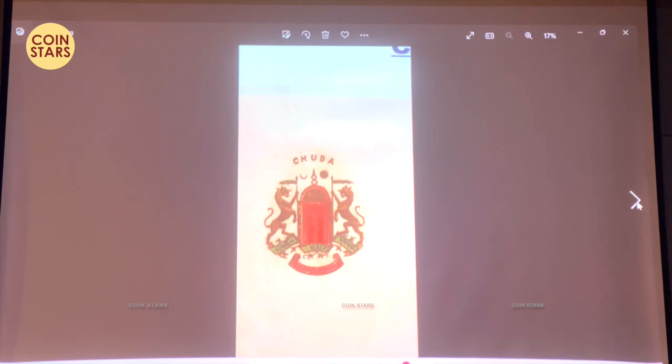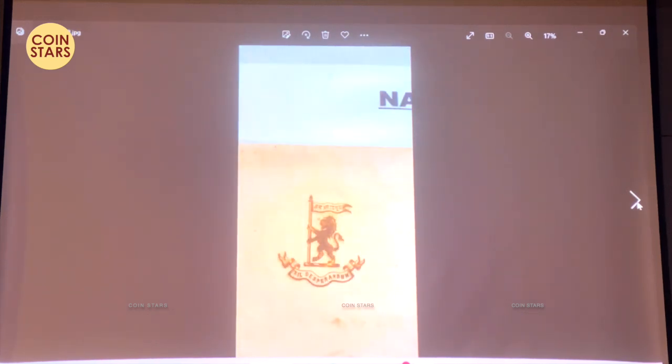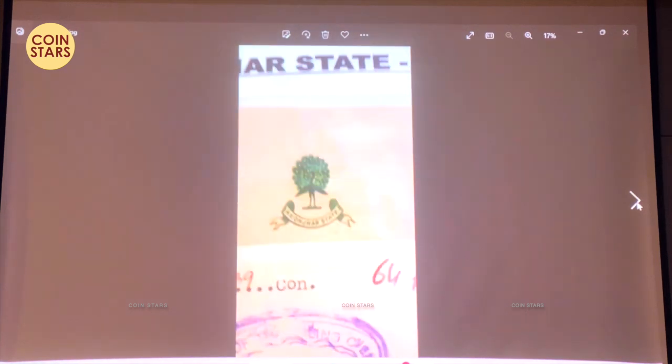Next is again Jai Ashapura, lion holding the flag. Jamnagar is also called Nawanagar. Next, this again is from a state in Orissa. Keonjhar.